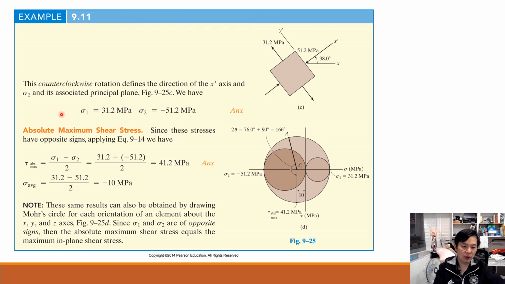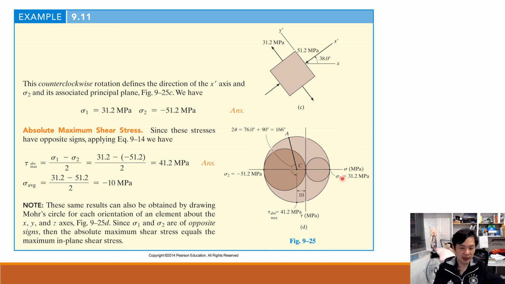Once we have all these results as our principal stresses and their direction, next we can derive the other two circles based on them. The center would be 0, maximum would be 31.2, minimum would be minus 41.2.